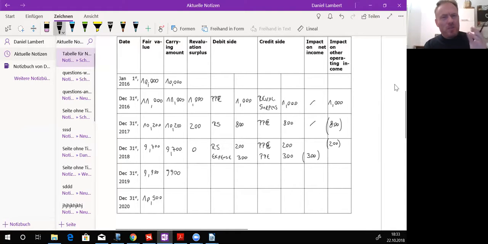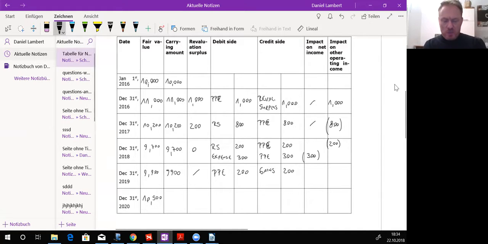So all in all, each thing you do, there is a positive effect on net income. Net income is going to rise by 200 euros, meaning there is a gain of 200 euros, and property, plant and equipment is going to go up by 200 just as well.